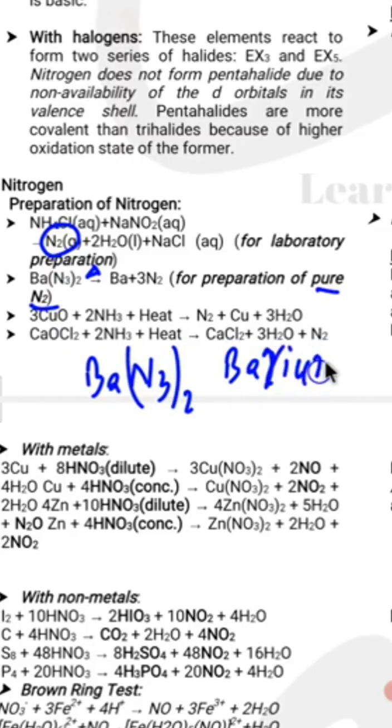When heated, this azide decomposes to barium and nitrogen. Barium will be solid, and the gas evolved will be our nitrogen gas.